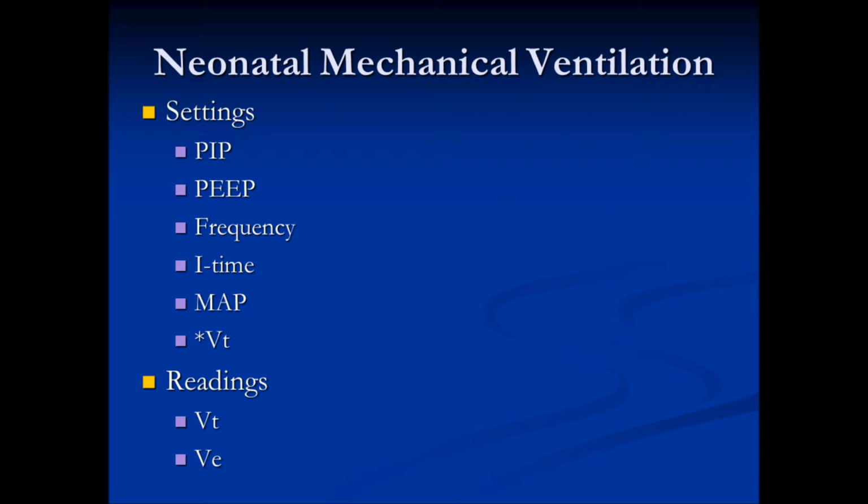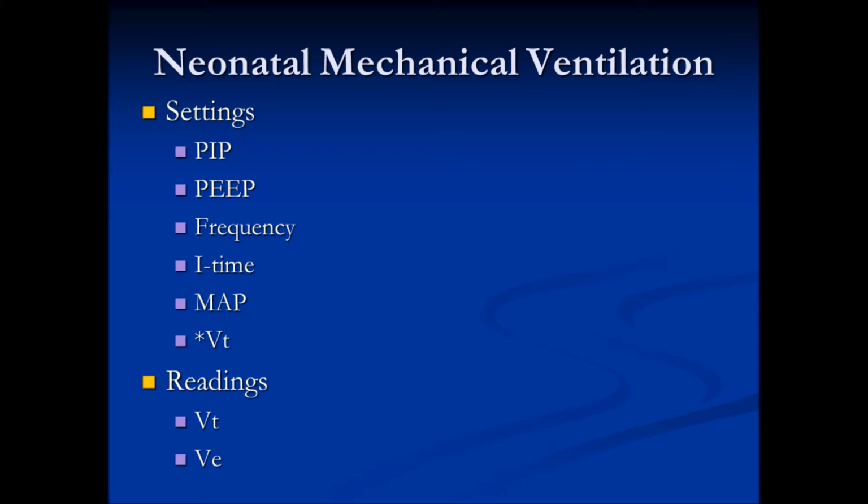When ventilating a neonate, the following are a list of settings that you will put in yourself: PIP, PEEP, frequency, I time, MAP, and tidal volume has a star by it because it depends on what ventilator you're using, whether you will be able to have that functionality of setting or guaranteeing a tidal volume.